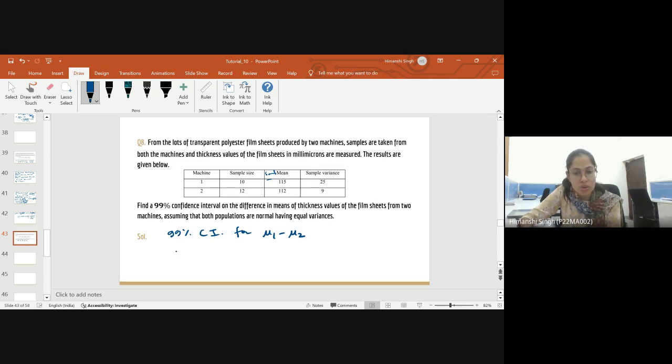So sigma 1 square and sigma 2 square are unknown but equal. We need to consider this case.